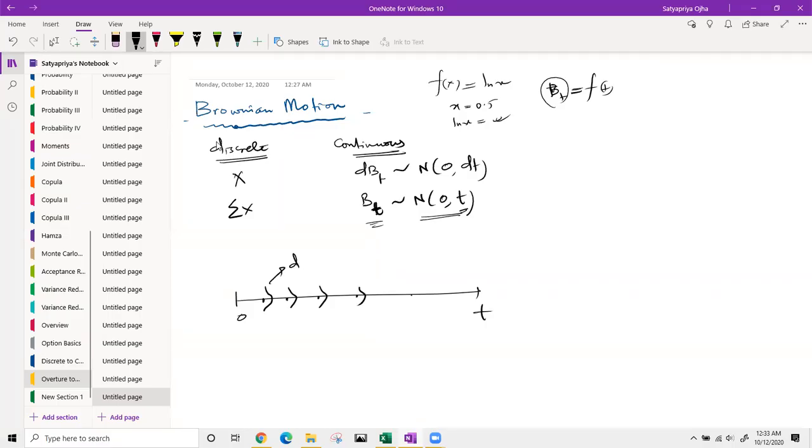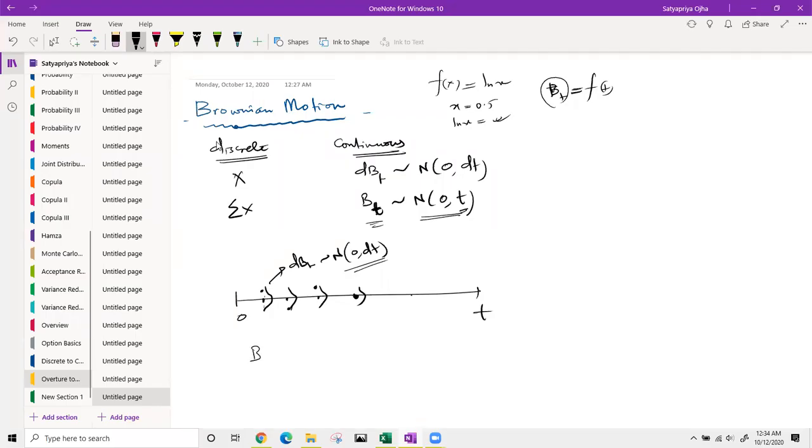These are dBt, which is a random draw from this normal distribution at different points. So here it might be here, at this point it might be here, it could be here, it could be at 0. It's a random draw from a normal distribution. This is the distribution.